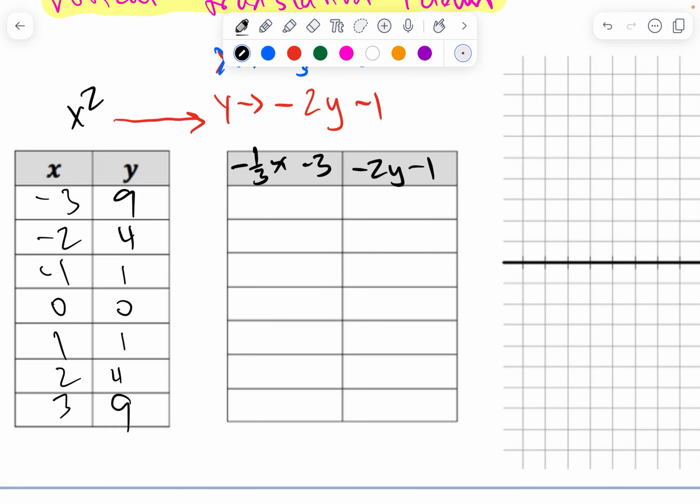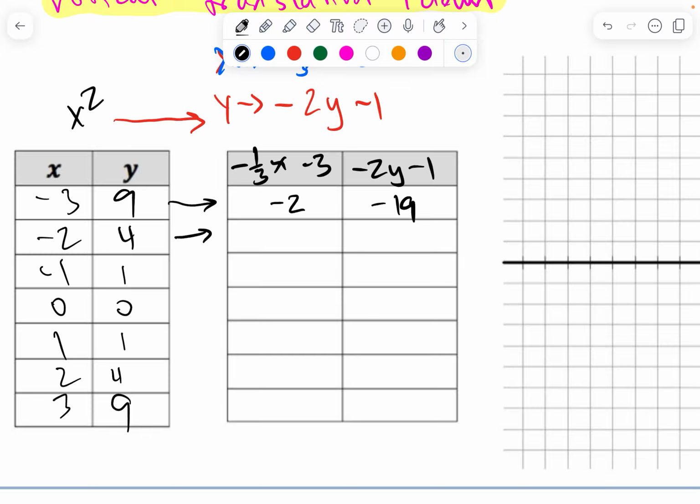So let's calculate them out and see what's up. So this one, x is -1/3 times 3. We can do that on our calculator and we get -1. -1 take away 3 is -4... wait, for x equals 3 we'll come back to that. Starting with x equals -3: -1/3 times -3 is 1. 1 take away 3 is -2. And the 9, -2 times 9 is -18. Take away 1 is -19.